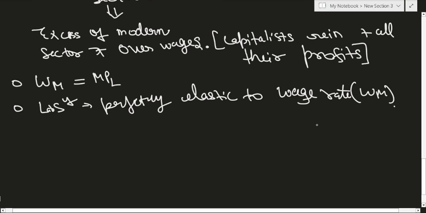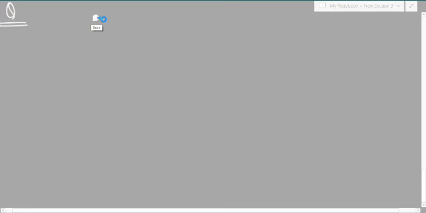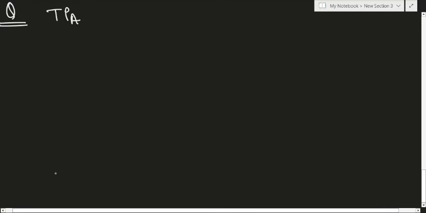So basically now we will be drawing a diagram. This diagram is very important because we have to explain these diagrams along with the production technologies. In the traditional rural agricultural sector, we have total product as a function of A bar, capital is fixed, labor, and technology, a fixed parameter.